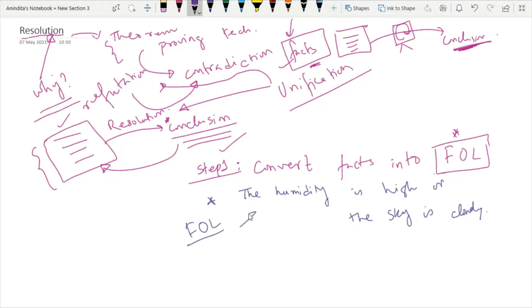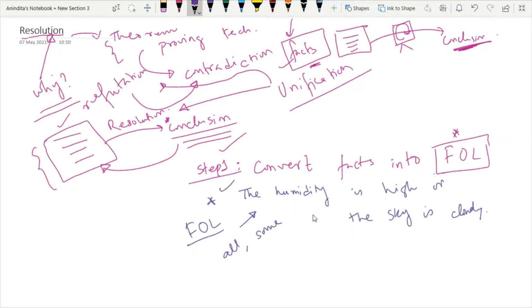See, in this statement, I do not have the concept of quantifiers. It means this statement does not include words like all, some. So as a result, simply what I can do, I can use propositional conversion.